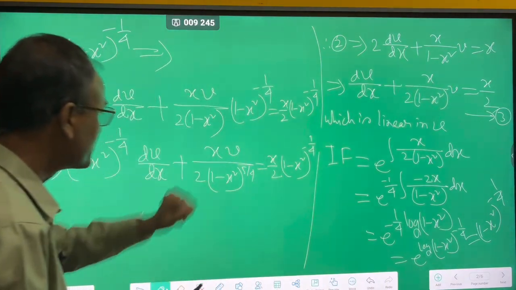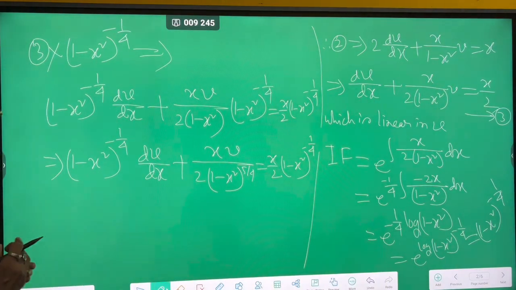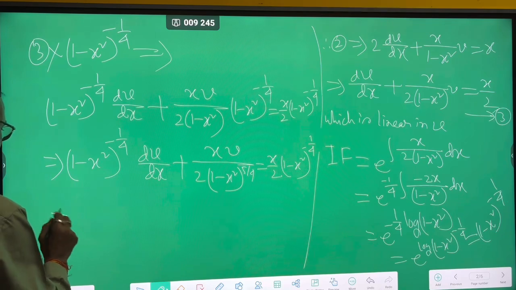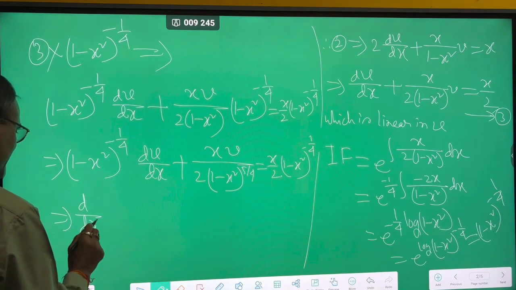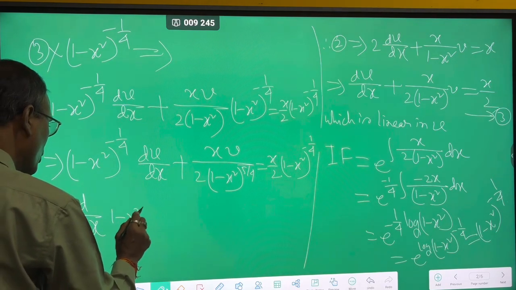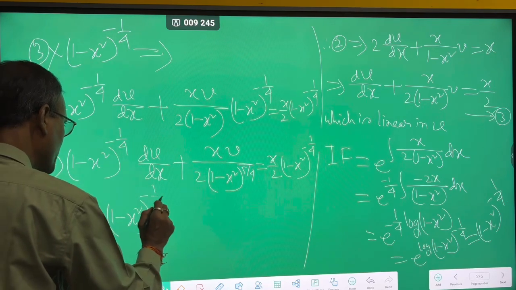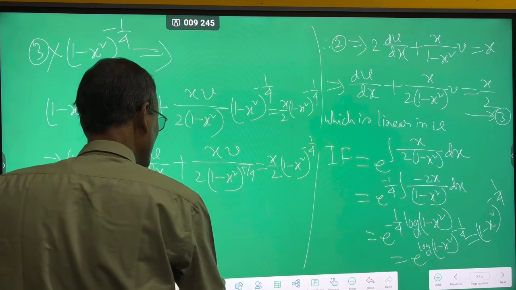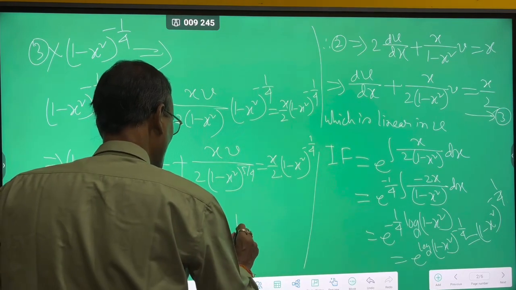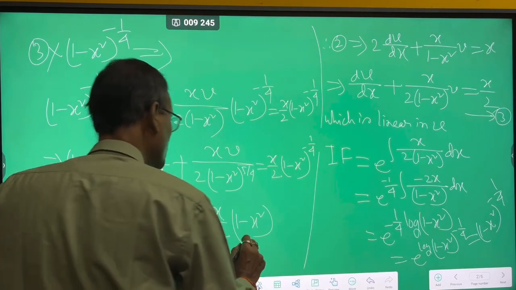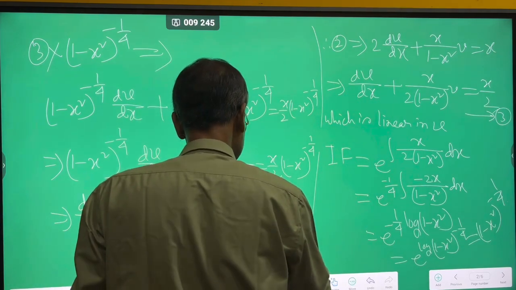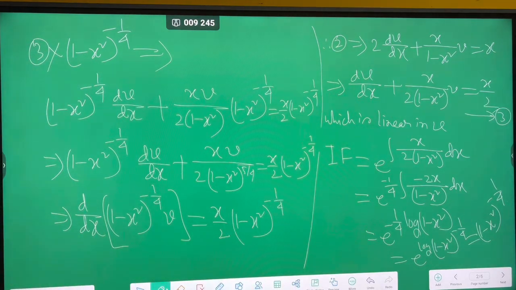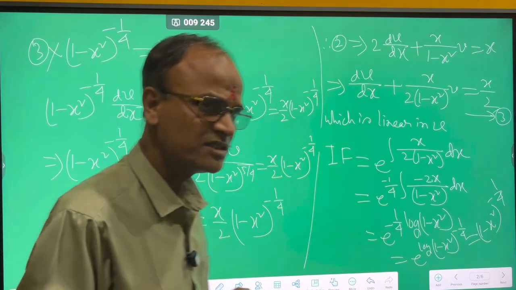This means you may write d dx of 1 minus x square whole to the power minus 1 by 4 into v equal to x by 2 into 1 minus x square whole to the power minus 1 by 4. You may write like this. Can I write like this?